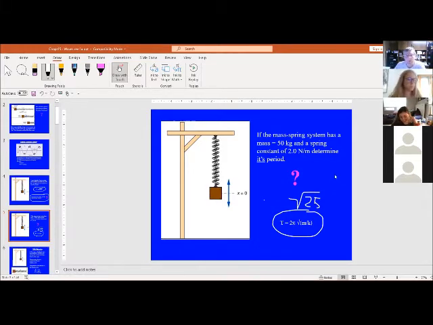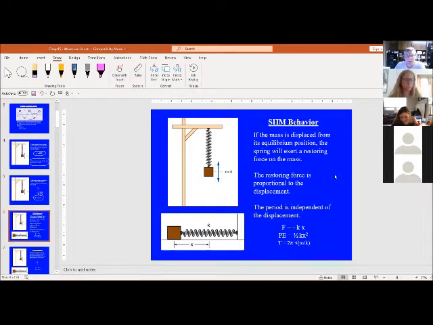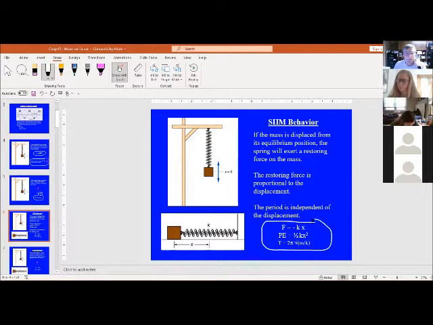Okay, moving right along. So these look familiar as well. We can oscillate the mass up and down. We can oscillate the mass side to side. We found out what the period is. We also know what each of these formulas are. We were given the force due to a spring.